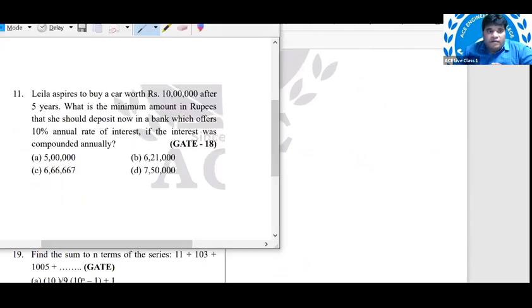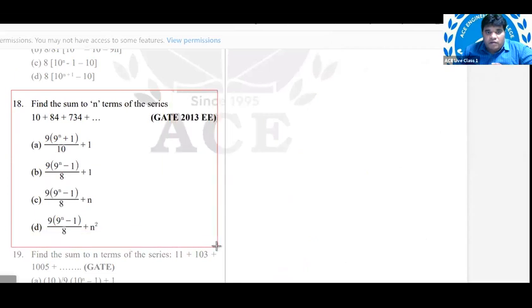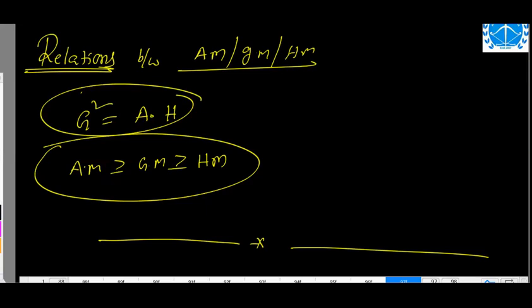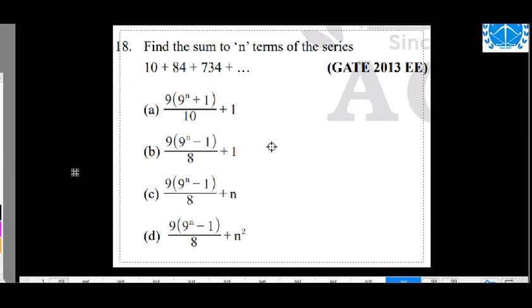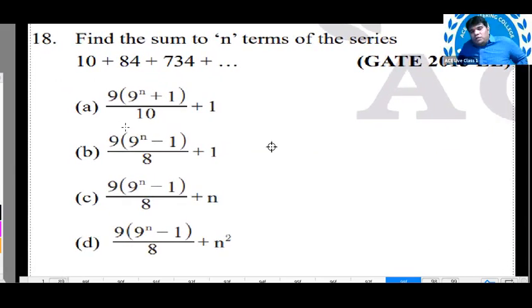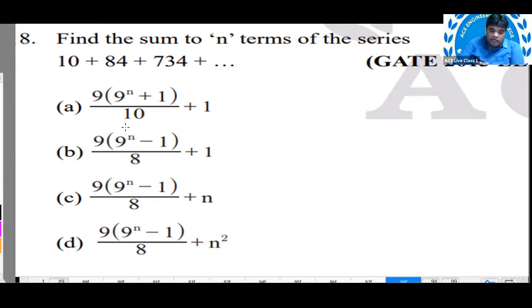This problem, I'll explain only one question. 10 is written as 9 plus 1. 84 is written as 9 square plus 3. 9 cube plus 5.